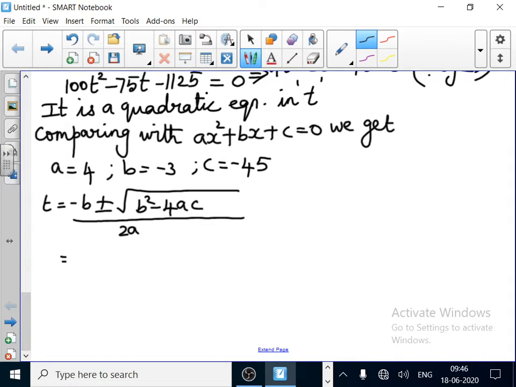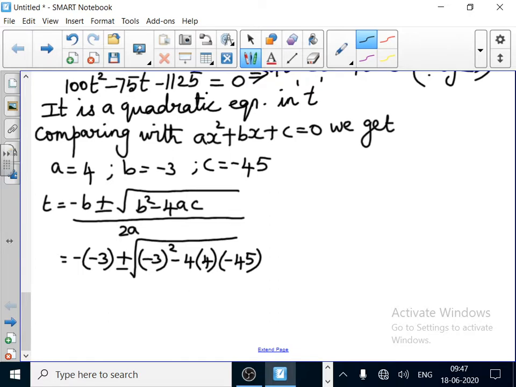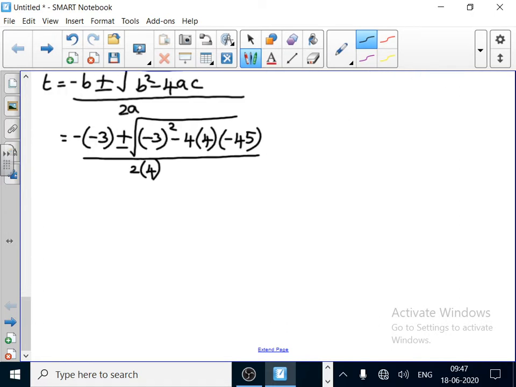Substitute the values: minus of minus 3, plus or minus square root of (minus 3) squared minus 4 into a, a is 4, c is minus 45, whole divided by 2 into 4.